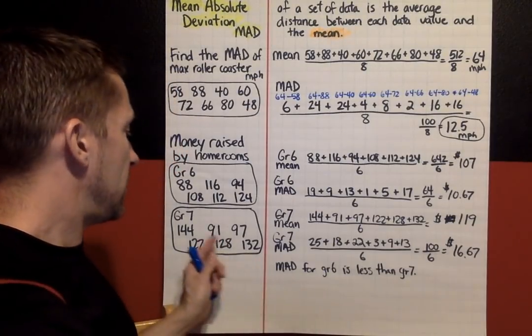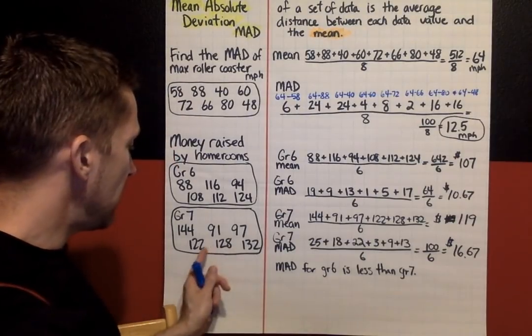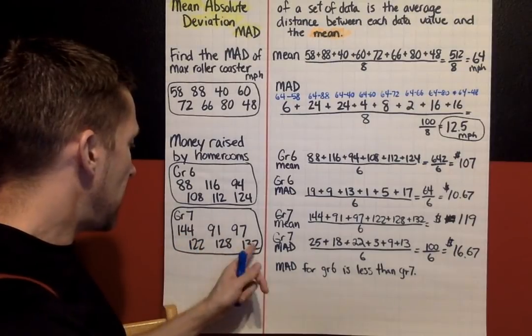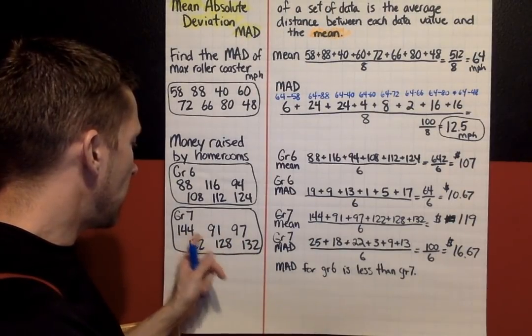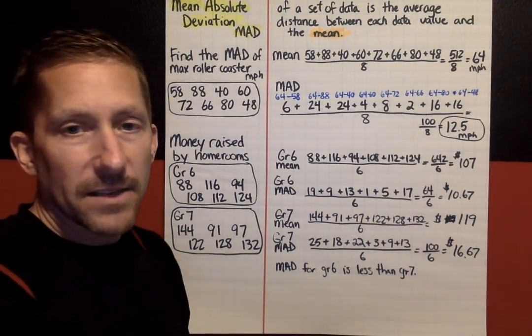Another thing you could say is that the grade 7 data is more spread out. And you can kind of see that just looking in the data. Look at this data. This data is more spread out. We go all the way from 144 to 91. It's more spread out than the 6th grade data.